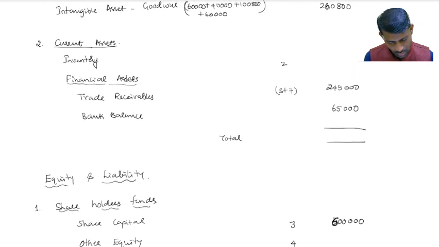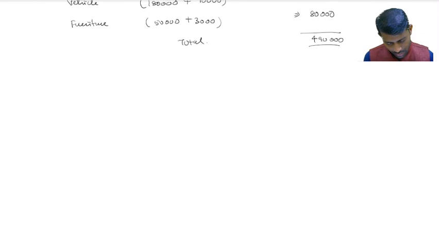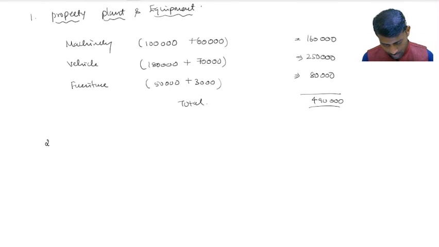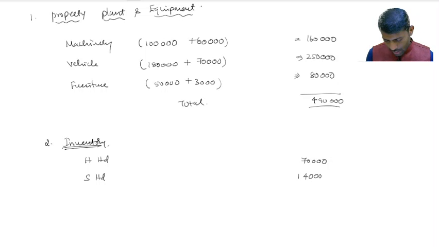Note 2 is inventory. H Limited inventory 70,000, S Limited inventory 1,40,000.